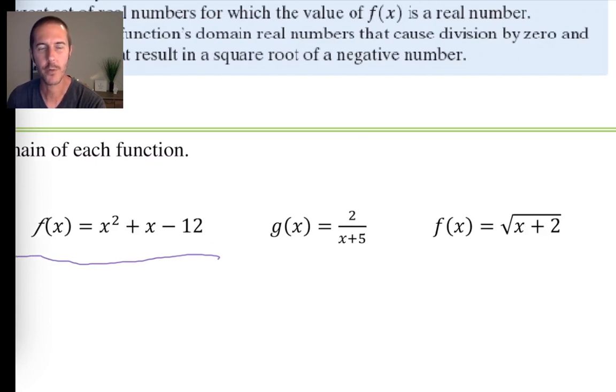The square root function has a requirement that the radicand, which is the stuff under the square root symbol, in this case the x plus 2, must be greater than or equal to 0. So again, the radicand must always be greater than or equal to 0. Because we can take the square root of 0, it's equal to 0.